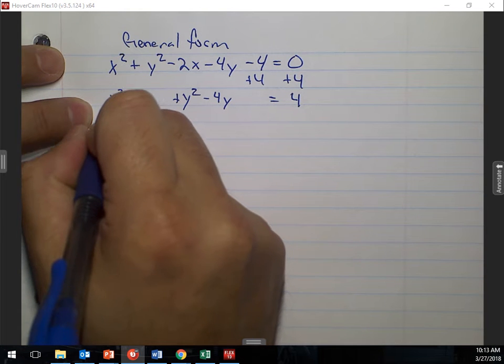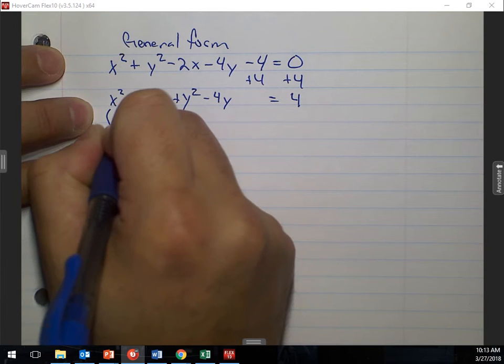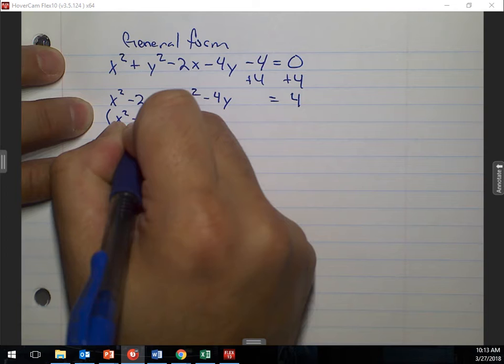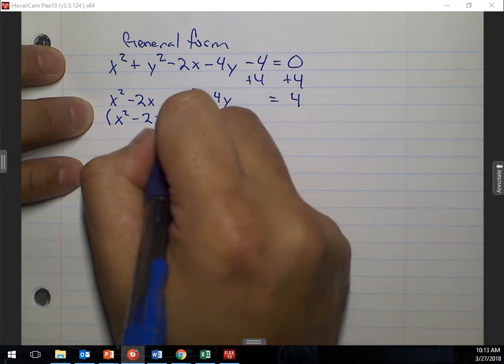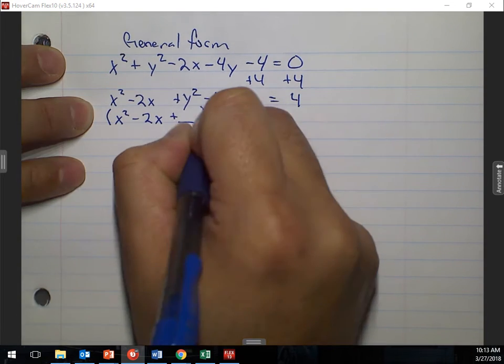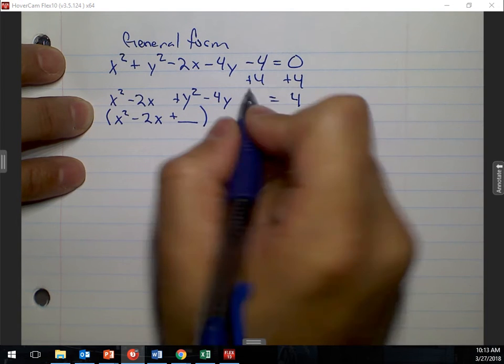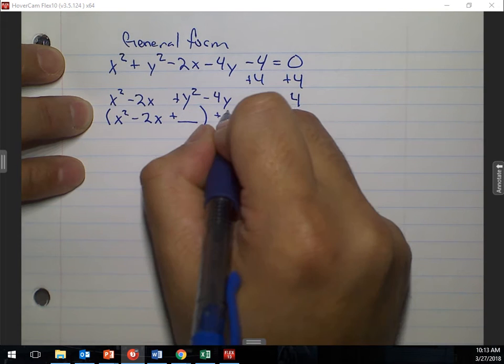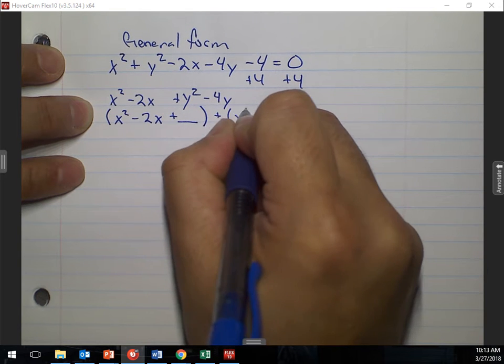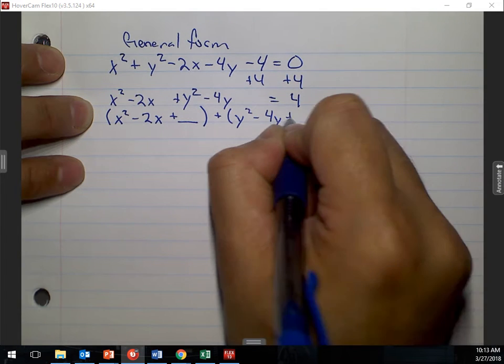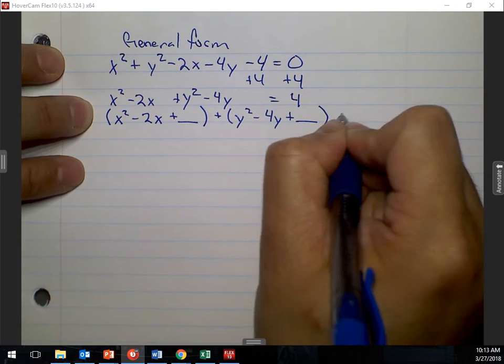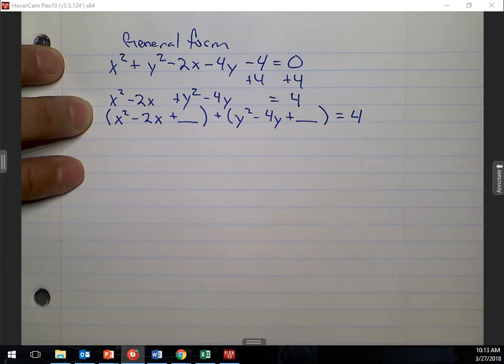I'm going to have parentheses x squared minus 2x plus something, plus my y squared minus 4y plus something, equals 4.